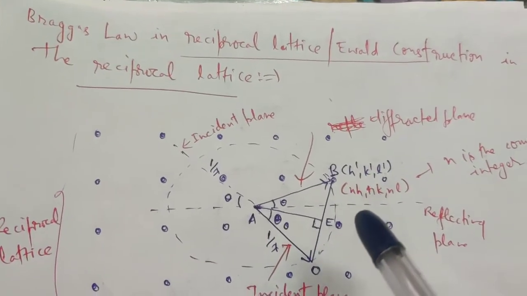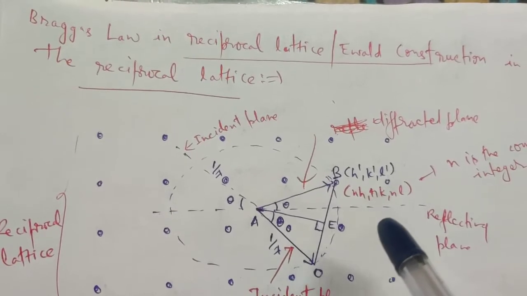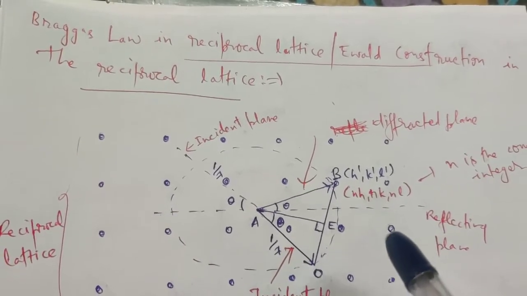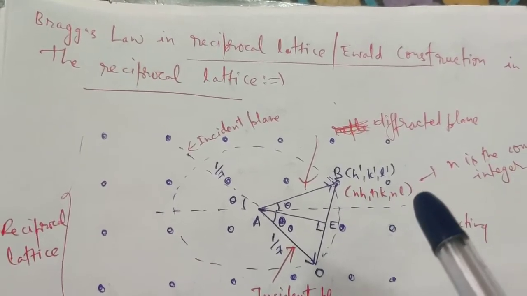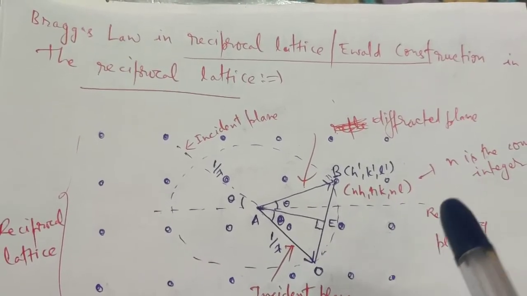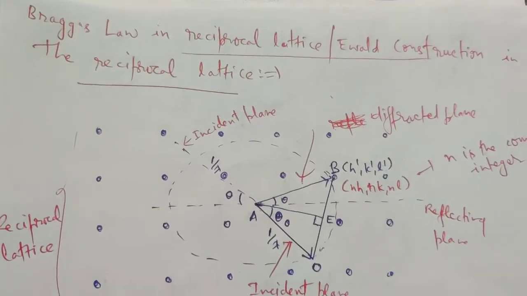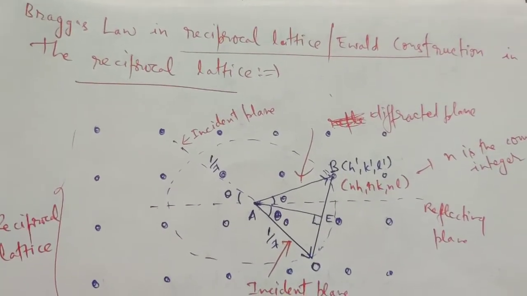What will be its length? This will be 1 upon d(h'k'l'), or n upon d(hkl), where d(hkl) is the spacing between two lattice planes of the direct lattice.